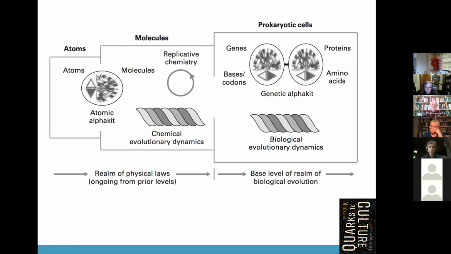They get arranged in triplets called codons, of which there are 64. So it can be AAA, ACT, AGT. You can go through the combinations of A, C, G, and T, and there are 64 combinations of triplets.